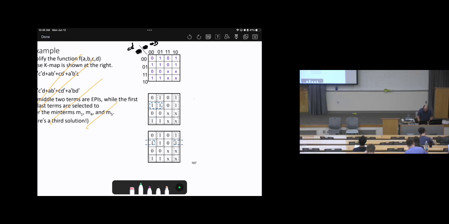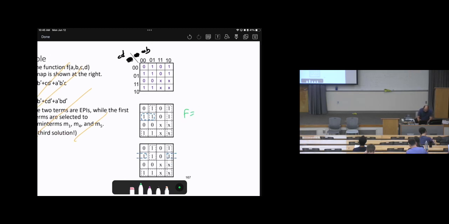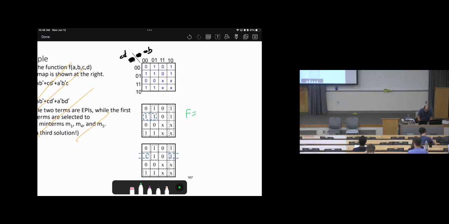Now, how to manipulate function number 1. So this is the area of C, D, here is A, here is B. By looking at this, it will be within A, B bar. Then this one will be within A bar, B, C bar.